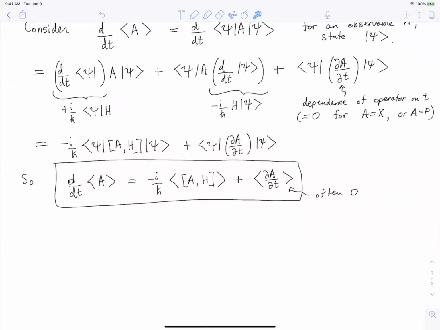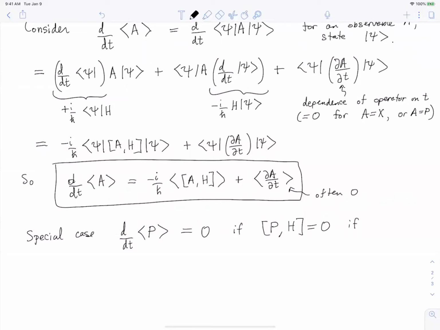And so all of this is telling us that in this special case, the time derivative of the expectation value of the momentum operator in any state is equal to 0 if the Hamiltonian commutes with the momentum, which is true if the Hamiltonian is invariant under translations. All three of those statements are equivalent.